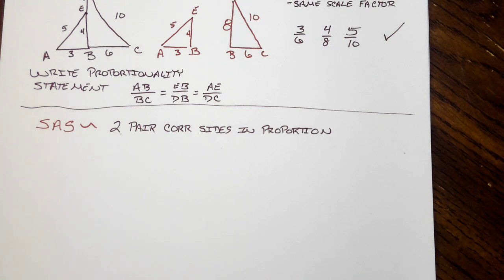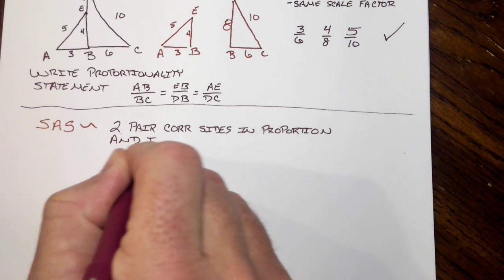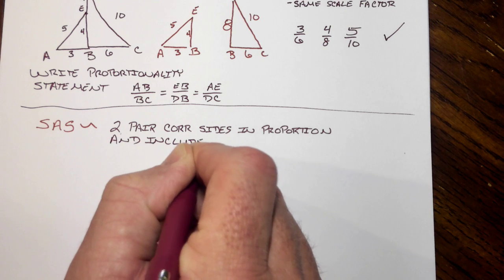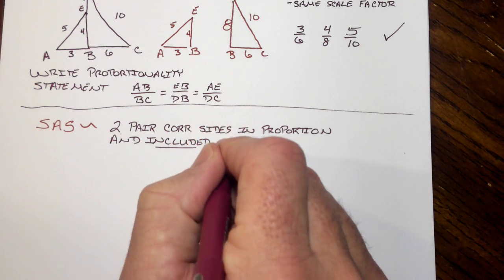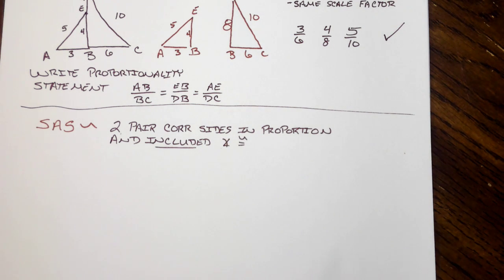Easy. Two pairs of corresponding sides in proportion, and the included angle congruent. The included angle has to be congruent. So let's look at a diagram.